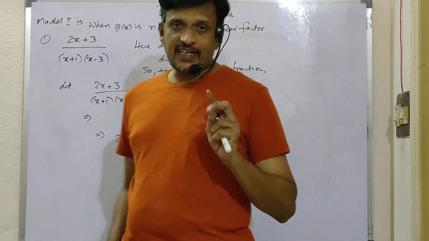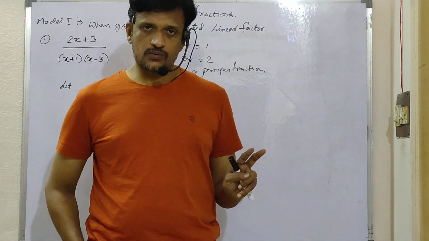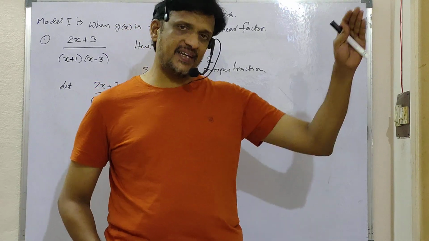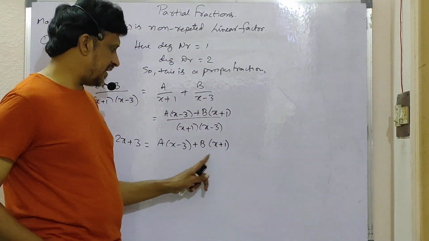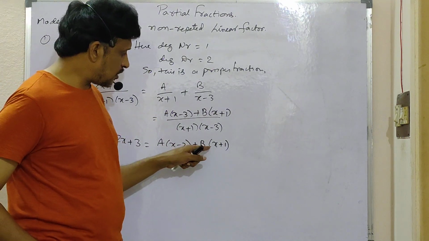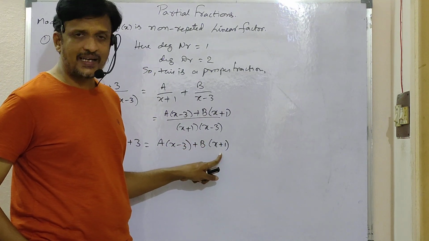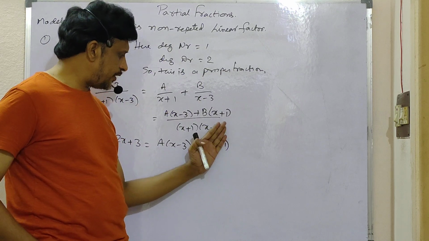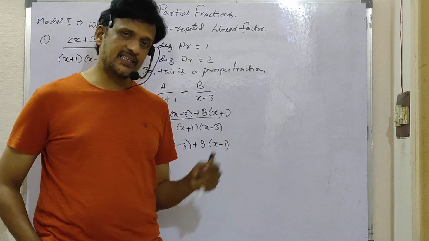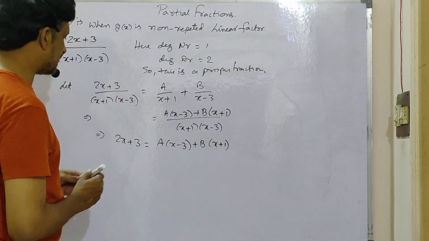To calculate a, at a time we cannot find two unknowns. So to calculate the value of a, try to eliminate b. Here this is b into (x plus 1). Suppose the coefficient of b, that is x plus 1, is 0, then 0 into b will be 0, so there is a chance to eliminate b. That is what we are doing here.